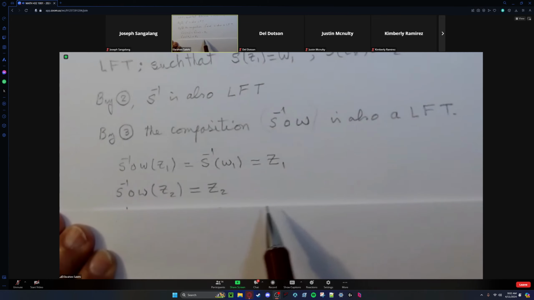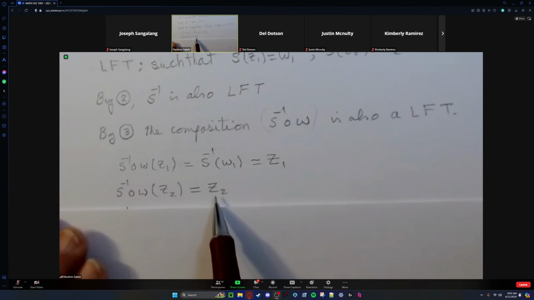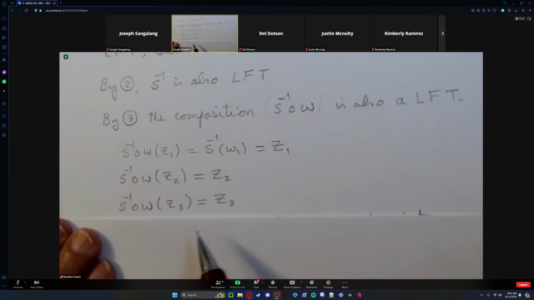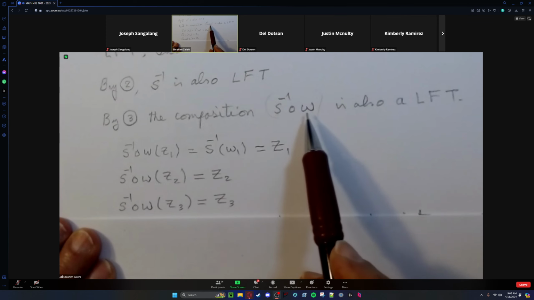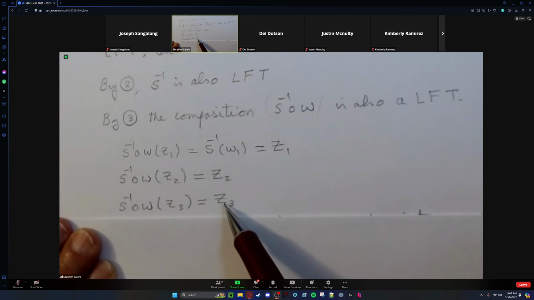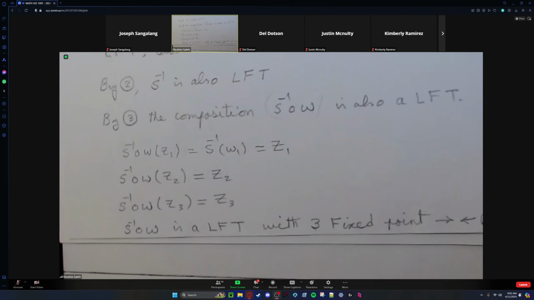You do the same thing with Z2 and Z3. So this composition is a linear fractional transformation, but it has 3 fixed points. All right, 3 fixed points, and that can never happen.